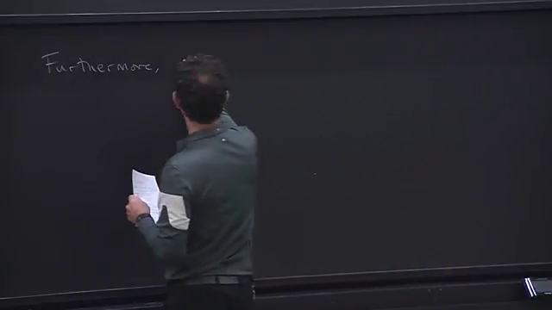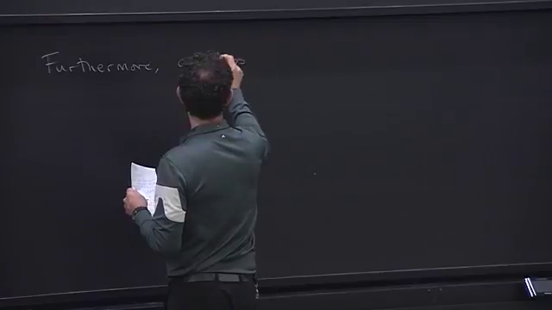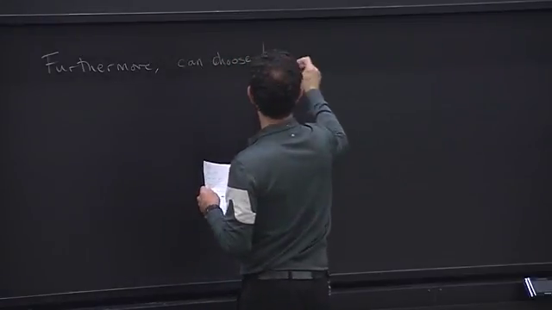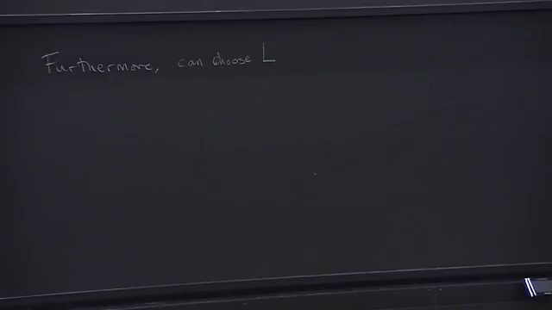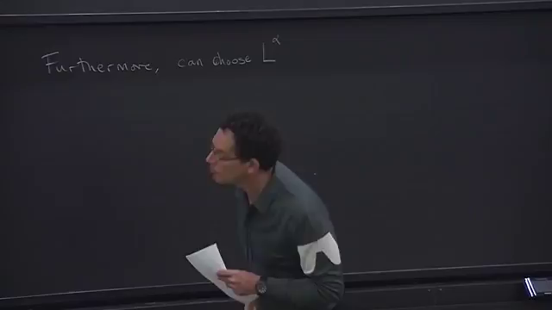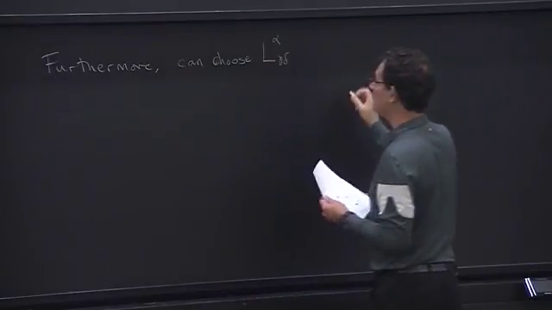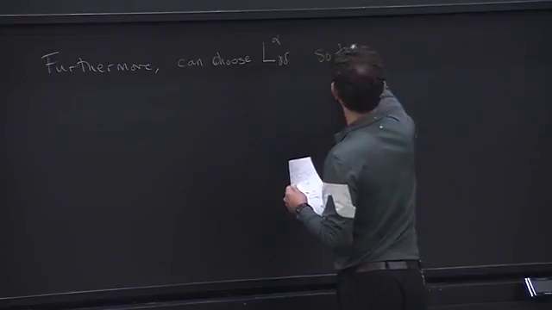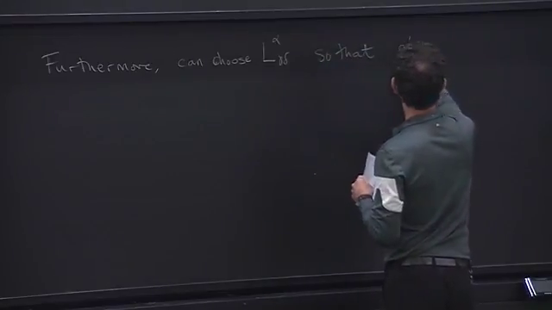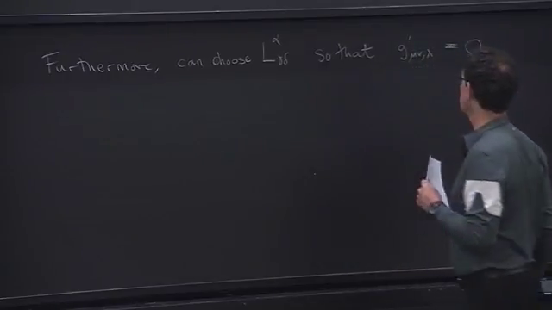So furthermore, it turns out we can choose the quantities L, let me give its indices, L alpha gamma delta, so that G prime mu nu comma lambda equals 0.